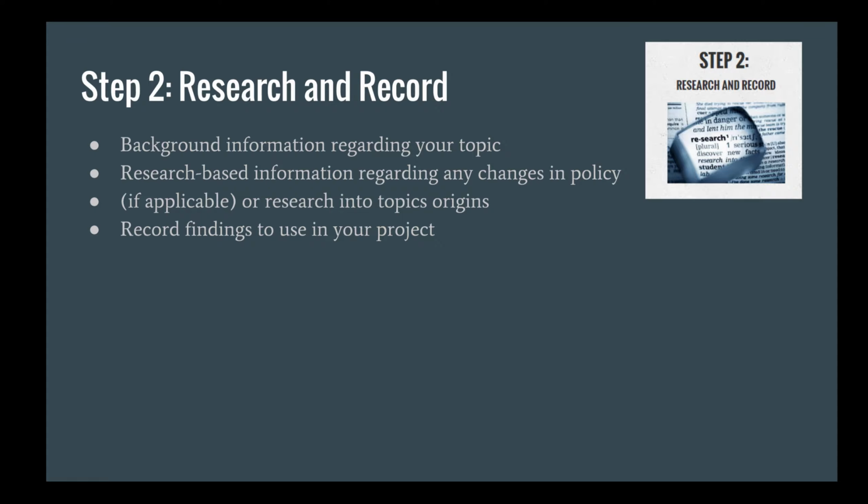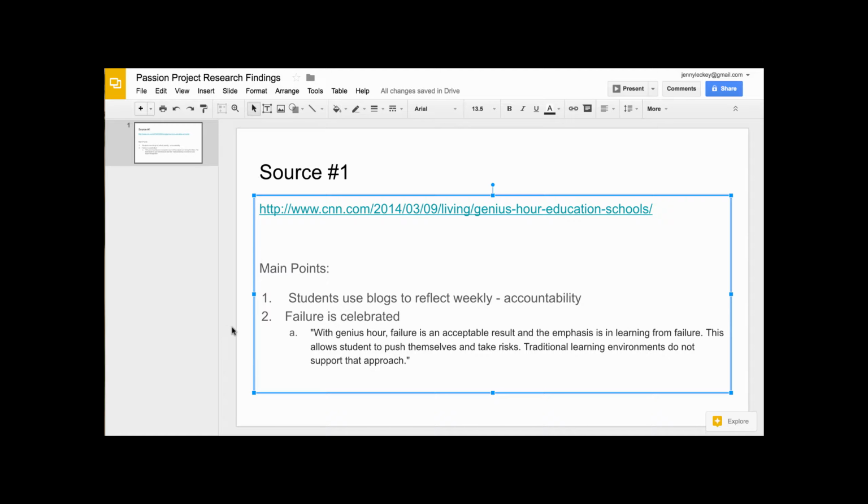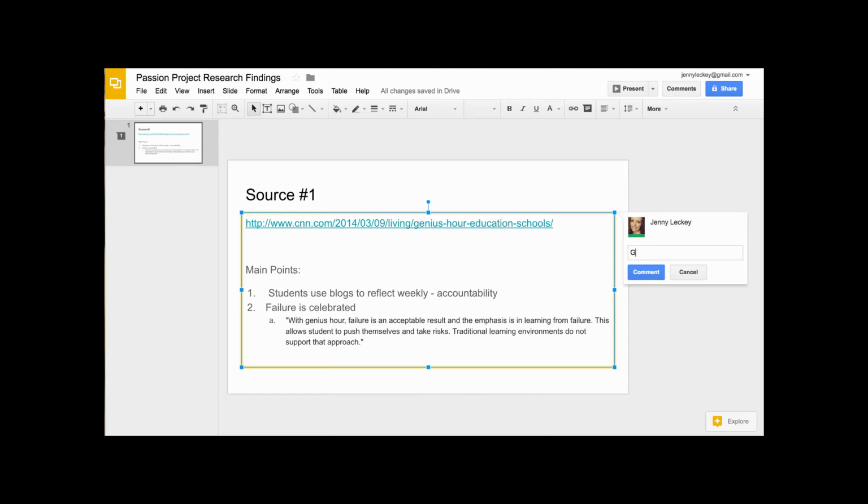The important next step is to record all of their findings. This is where technology comes into play. Using Google tools such as Google Forms, Google Slides, or Google Docs is a great way to collaborate. Educators or organizers can keep track of the participants' progress through collaborating through these tools.